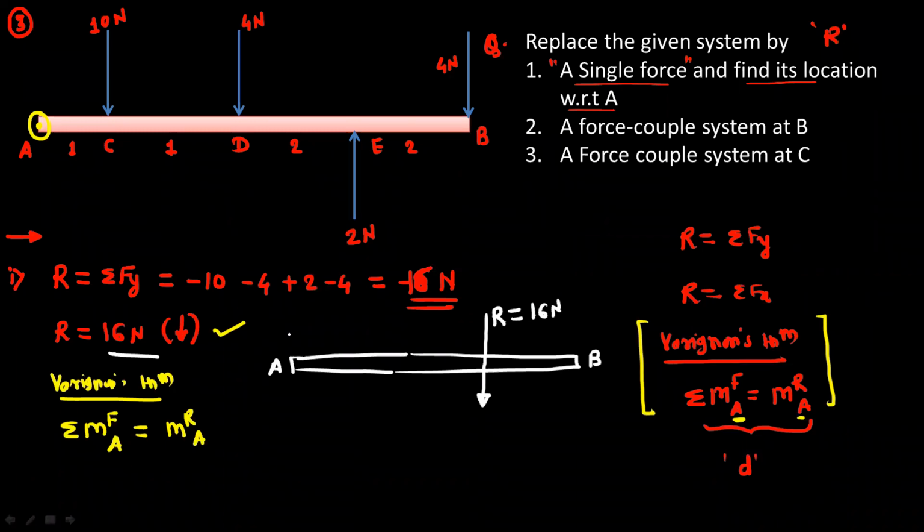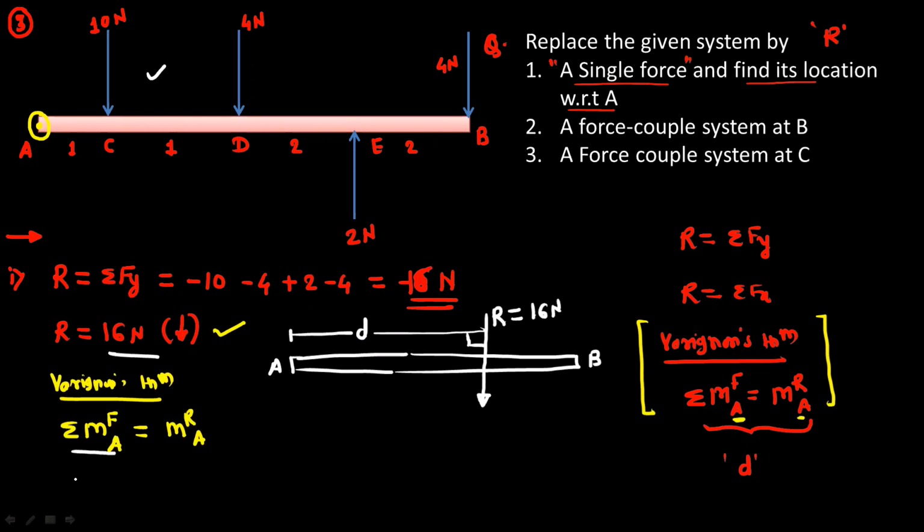We will assume the distance from A, which is called the perpendicular distance. What is the meaning of perpendicular distance? That distance line is perpendicular to the line of action of this resultant force. Now for the left hand side, we have to refer to this diagram. Start from 10 Newton.